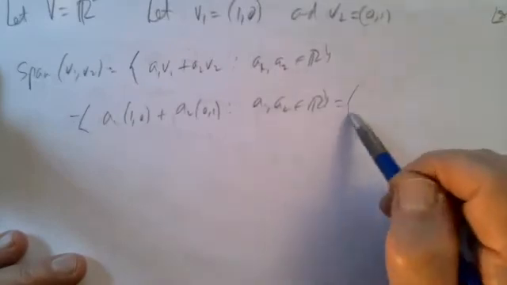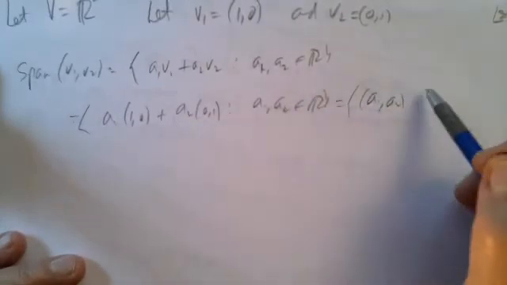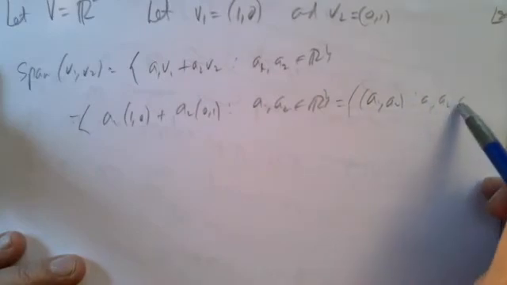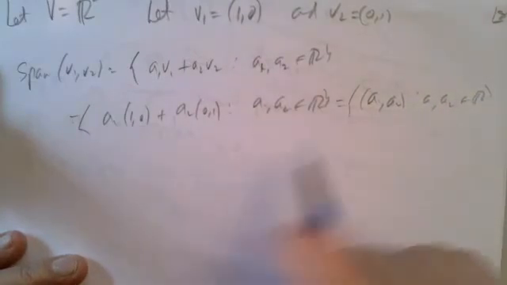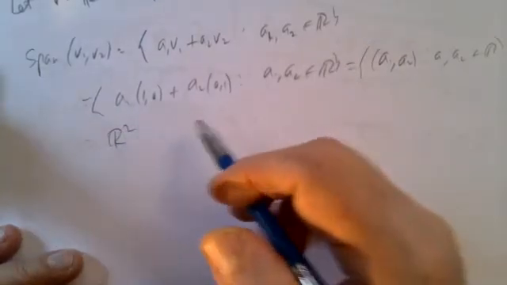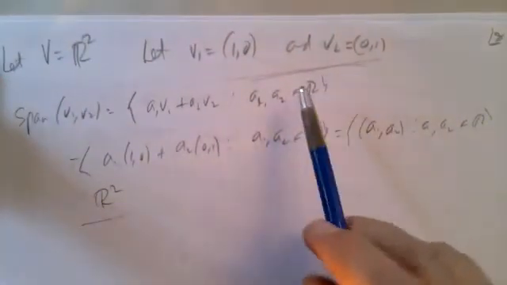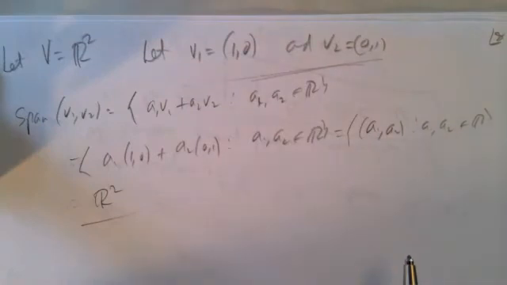This is the set of vectors (A1, A2) for all A1, A2 in R, and this is exactly the definition of R2. So these two vectors span R2.